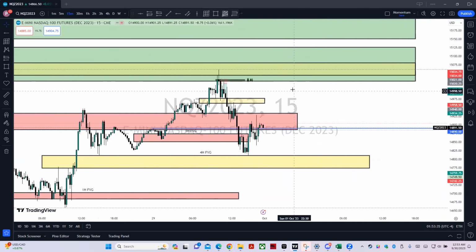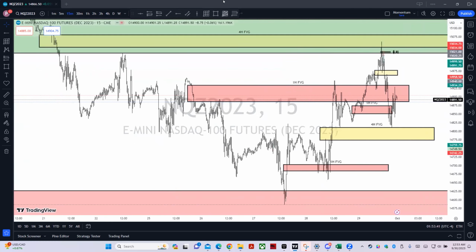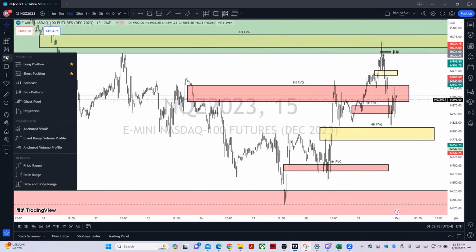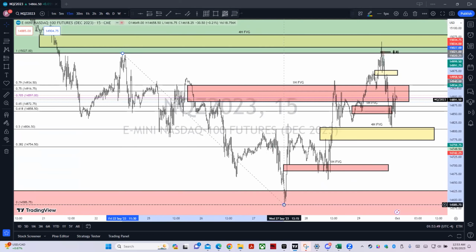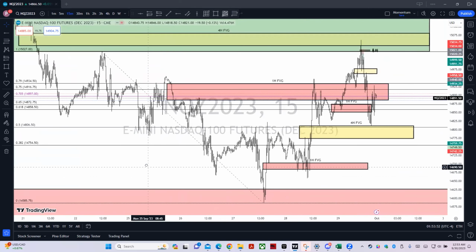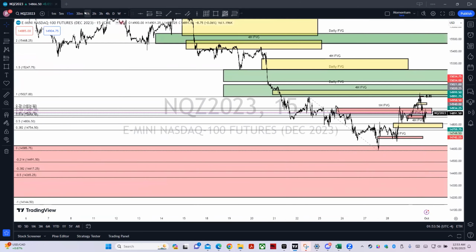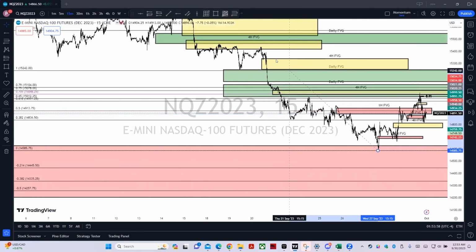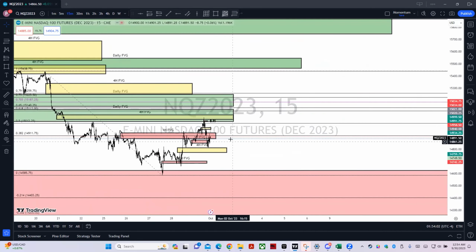But how could we also have looked at this? Well, we could have said, okay, if we want to continue to see upside or downside, take our fibs, our little fibby fibs. We need to find a higher time frame. So let's go ahead and find, see this impulse wave.